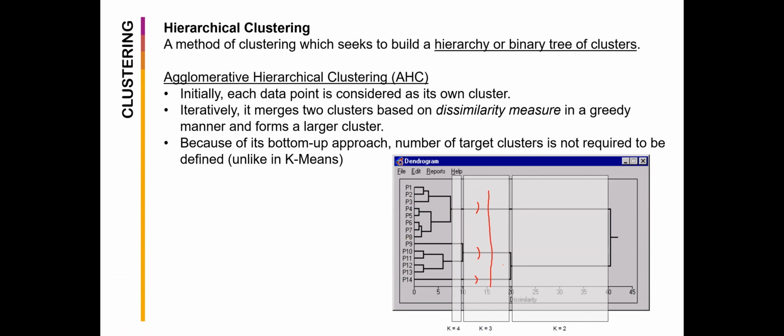Okay, now what if I want to have 5 clusters? So now we will look at a level where when we divide the tree, we will come up with 5 different clusters. So it is at this level. Okay, we have this cluster, this cluster, this cluster, this, and the last cluster.